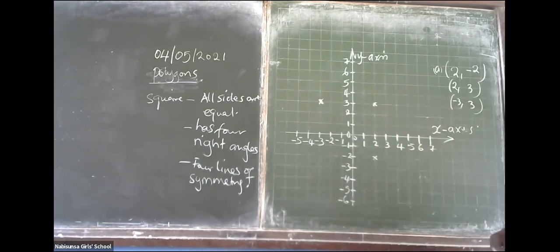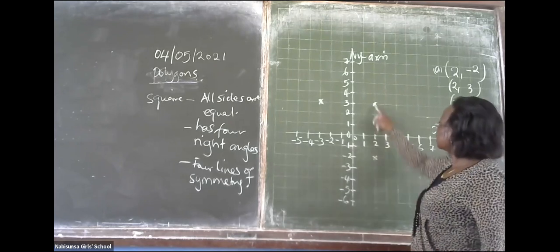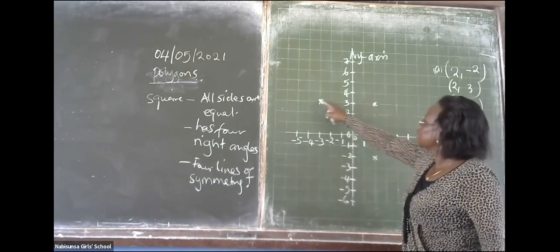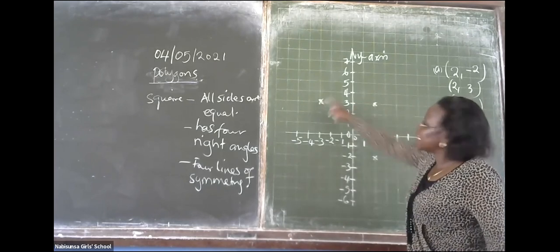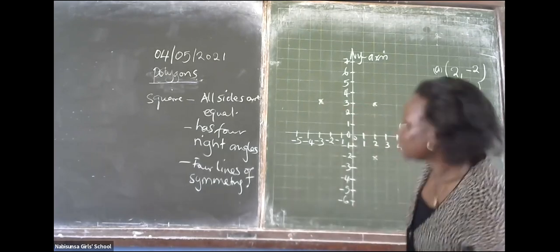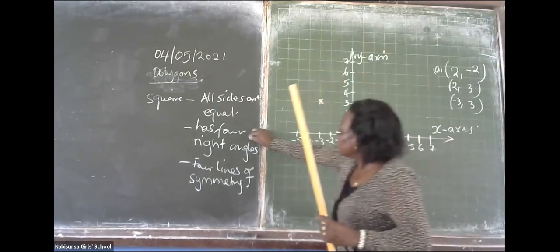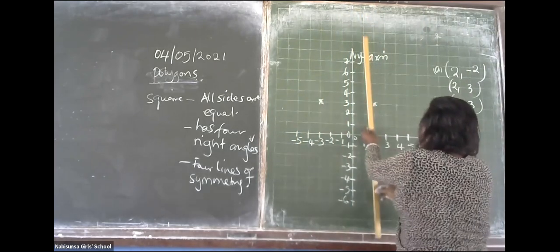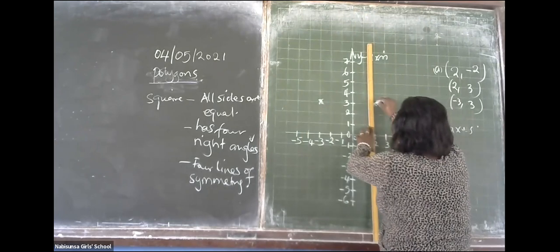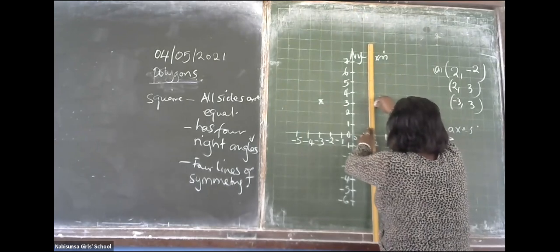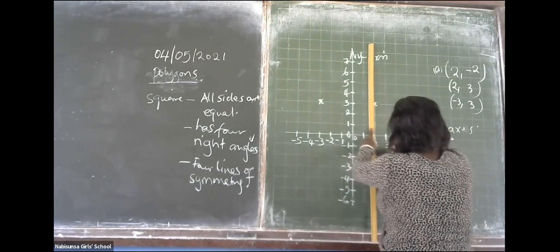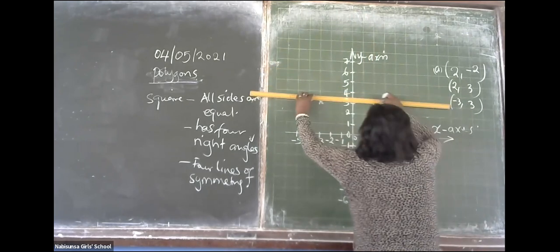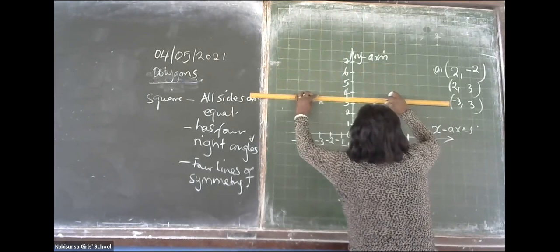So far, we have 3 points: the first point, the second point, the third point. Probably we already have a 90 somewhere. So our second property and the first property are already giving us the starting point. So can we join this and then find the missing point if it is a square?